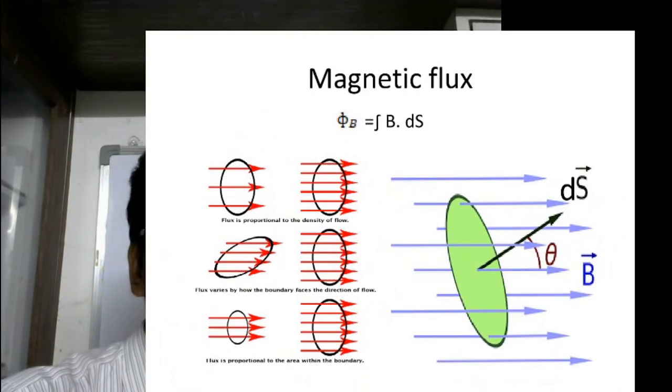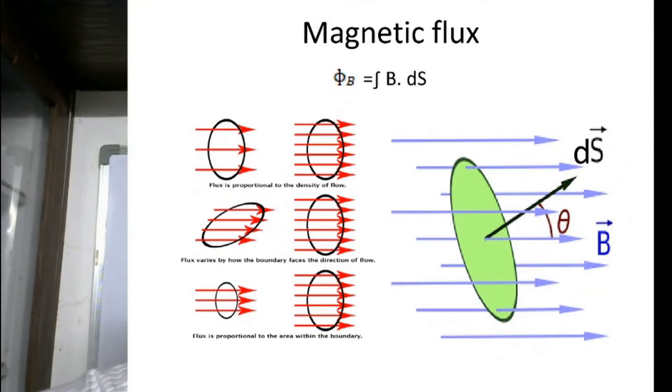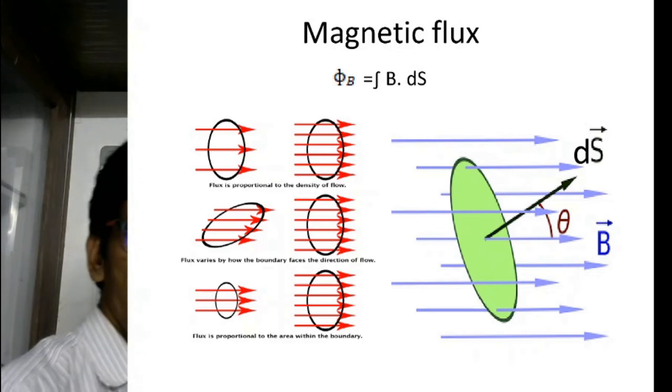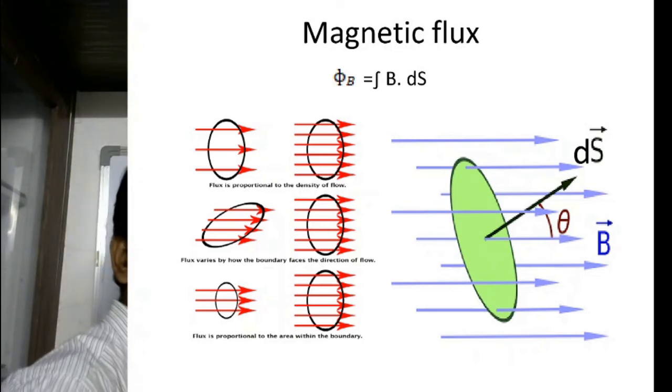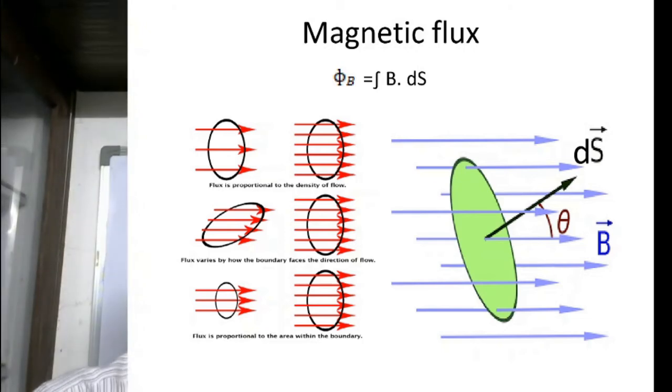There are three factors which are influencing the magnetic flux, phi B. One is the area. It depends on the area, which I just wrote here. Next, what other factors are influencing the magnetic flux?